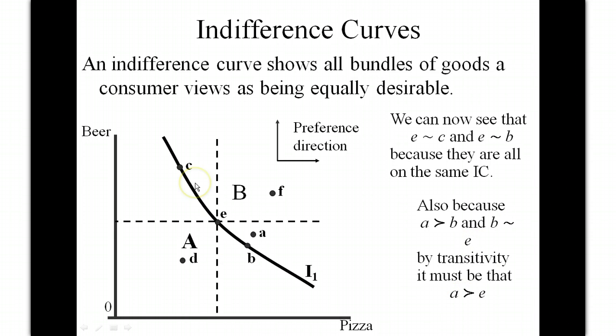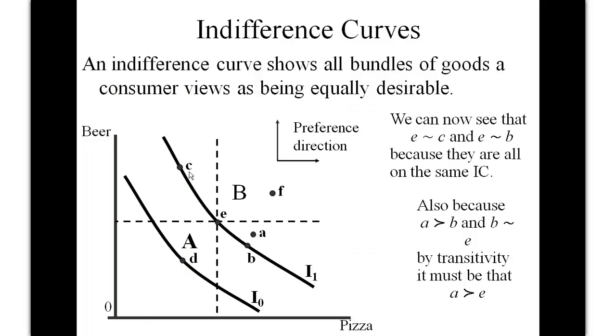So we can make comparisons across all bundles of goods using these indifference curves. Give the consumer a particular bundle of goods, and if we can, in a sense, rank or align bundles of goods that are the same, we get an indifference curve. It runs through the space of pizza and beer, but all bundles of goods along it are equally desirable.